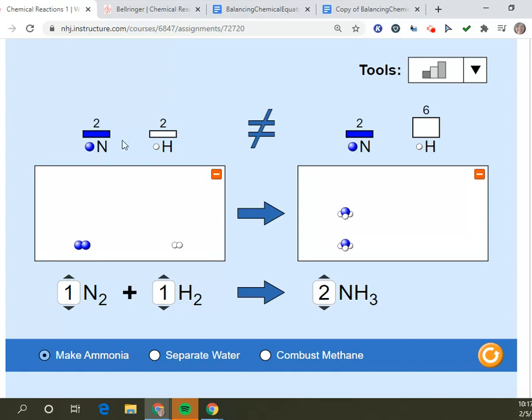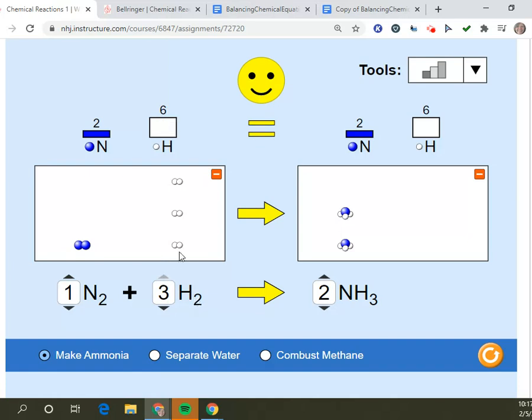Okay. I need to make sure if I'm looking at my reactants and my products, now I have 6 hydrogen atoms. Where'd they all come from? They have to come from somewhere. So that means I need to show that in my chemical reaction.